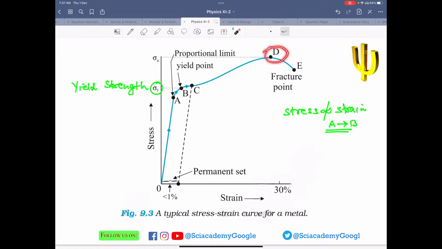And this point D is known as the ultimate point, and the stress corresponding to this point is known as the ultimate tensile strength.